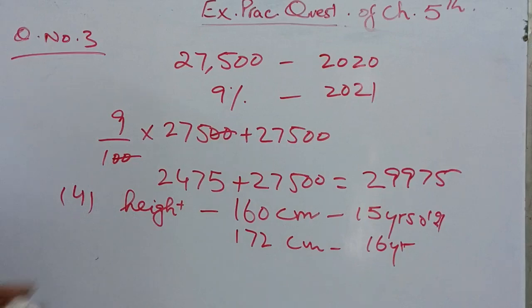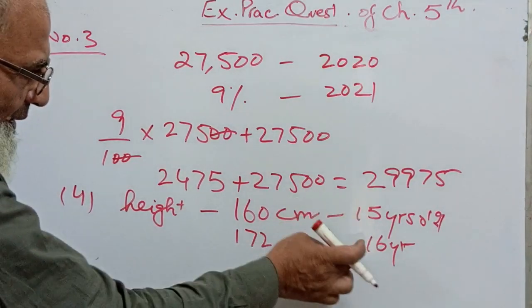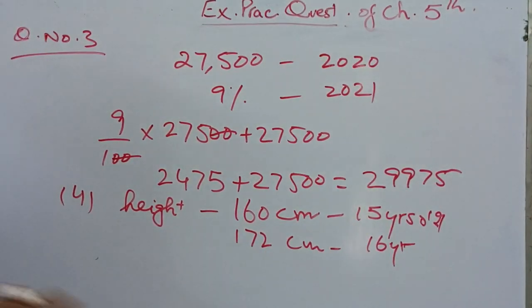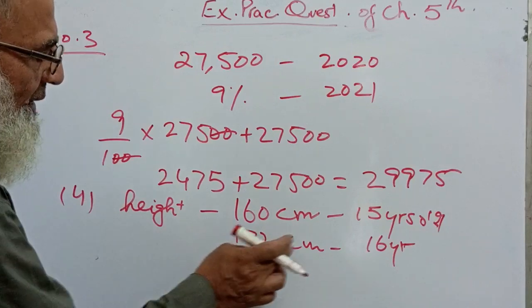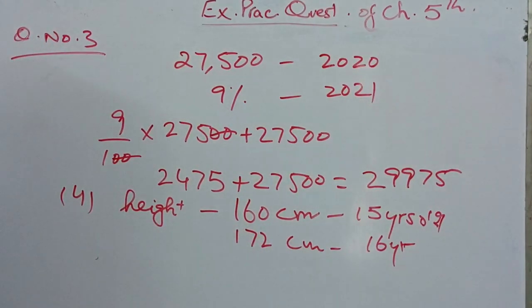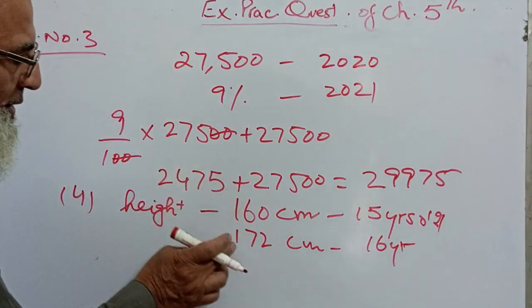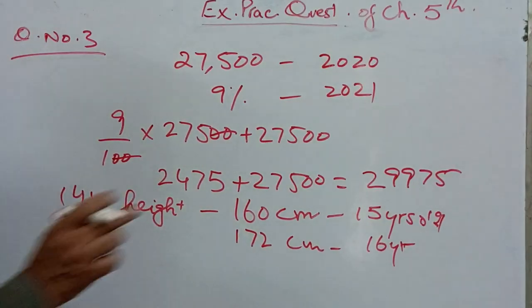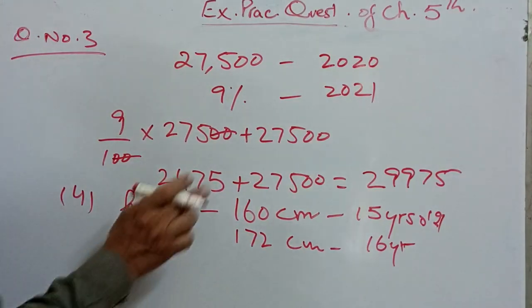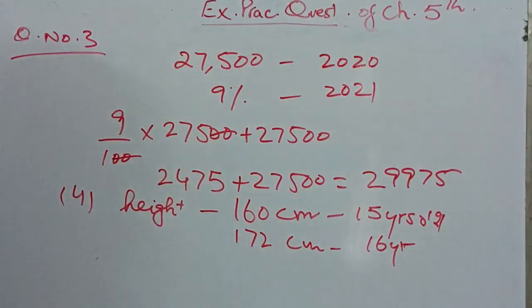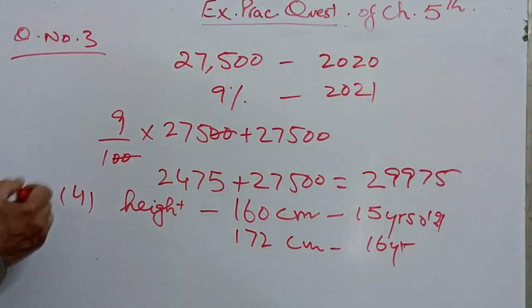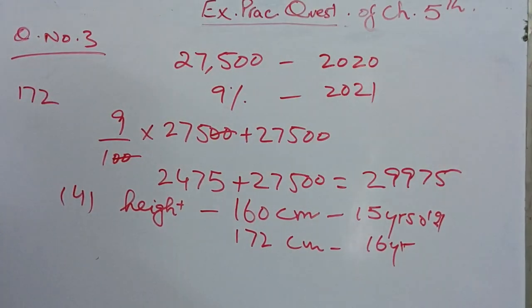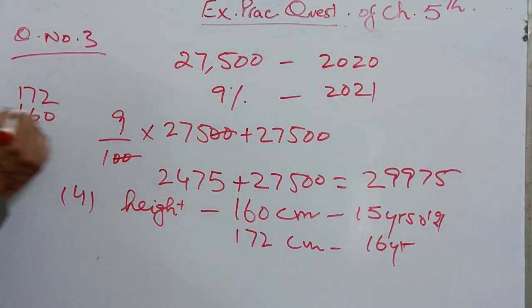Now you see that in a 1 year span, his height increases by 12 centimeters only. The later is this and the earlier is this, so we will subtract the earlier from the later. It will become 172 minus 160.